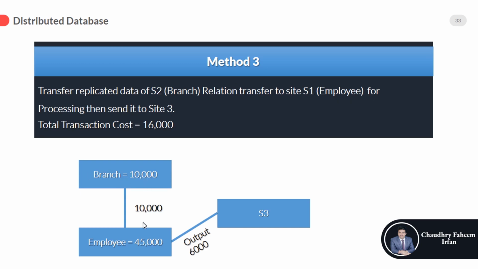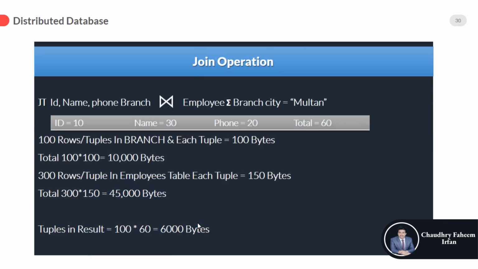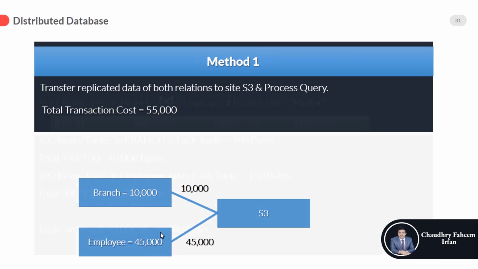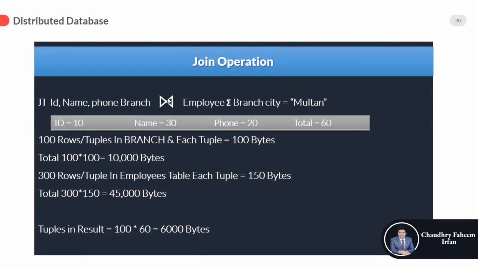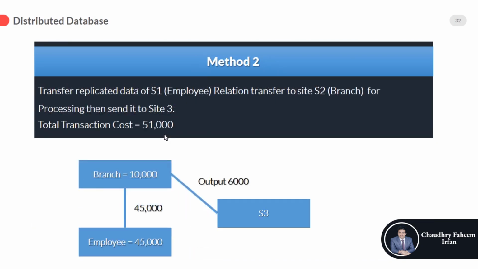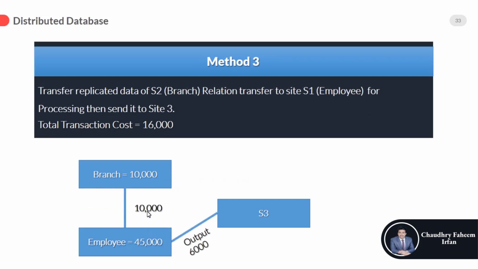Send it to the employees table and process the data here, and then from here send the output, which I already told you is 100 multiplied by 60, equal to 6,000, the result of the two tables being joined. So 10,000 plus 6,000 is 16,000.